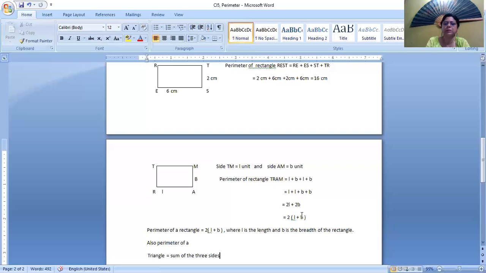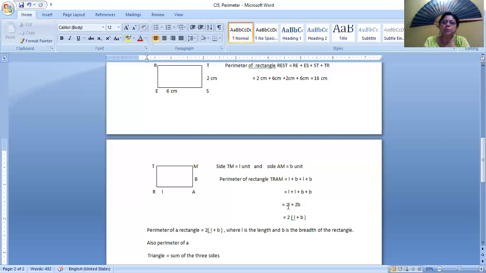Now when you have sums like 2L plus 2B, the 2 can be taken common. You take 2 out as a common, and within brackets you write L plus B, because you have taken 2 out of both.